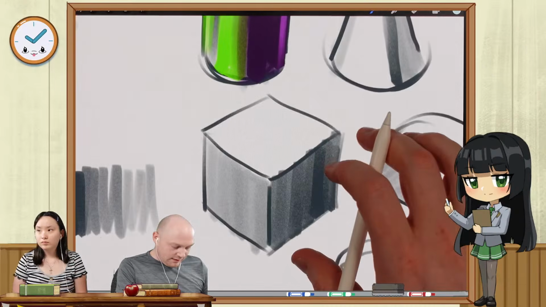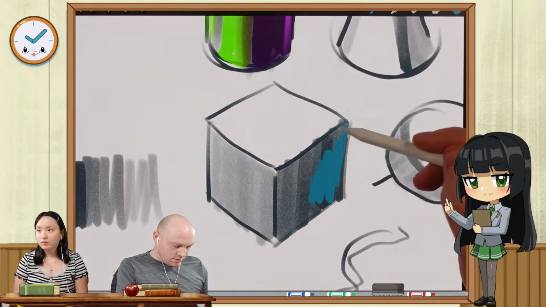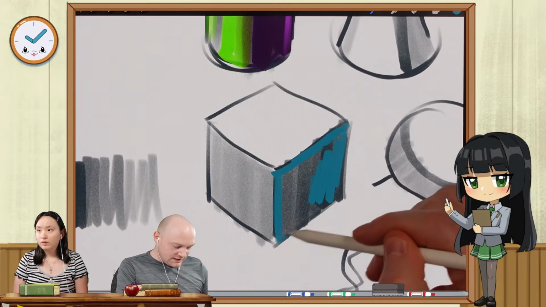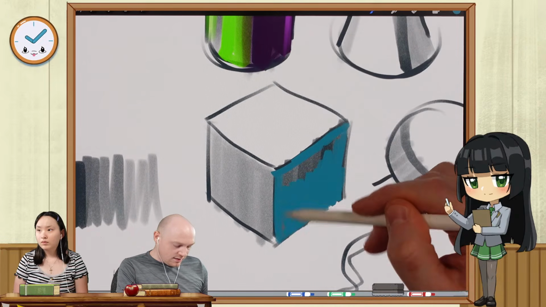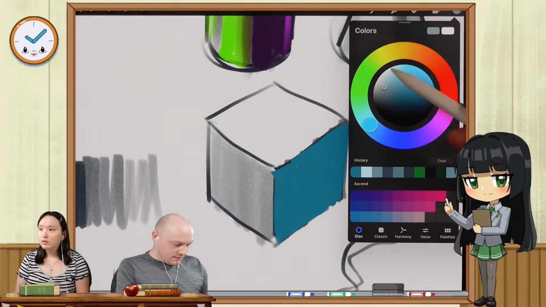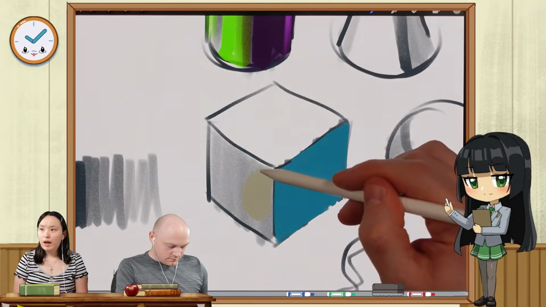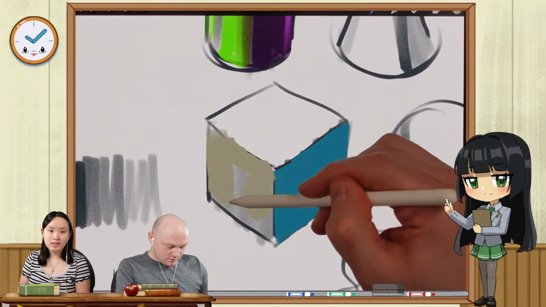Essentially, if this is a grayscale cube, I would choose a blue that's the same value as this gray, and plop it in. What I would do is try to turn the color into grayscale in my mind.